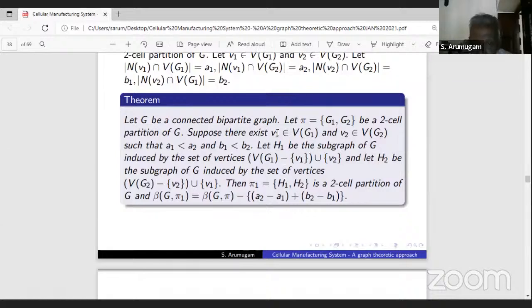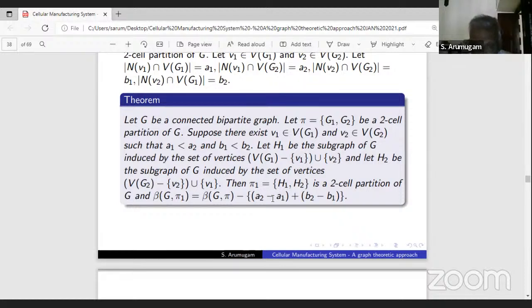I am actually taking two vertices from different components and looking at the subgraph induced by putting back one of the vertices, and then looking at the number of exceptional edges for this new rearrangement, and it comes down to this number.